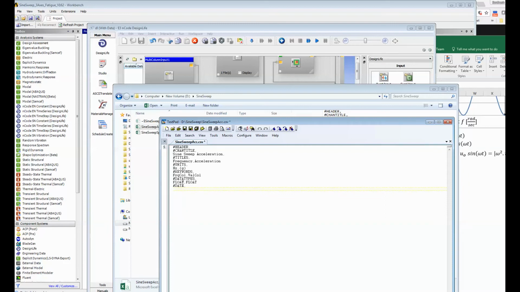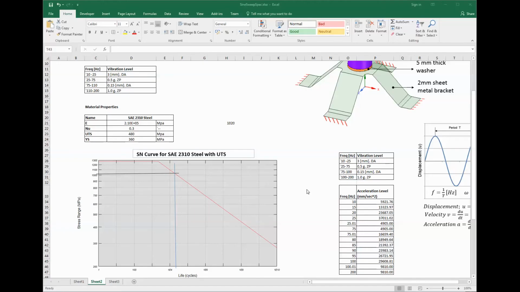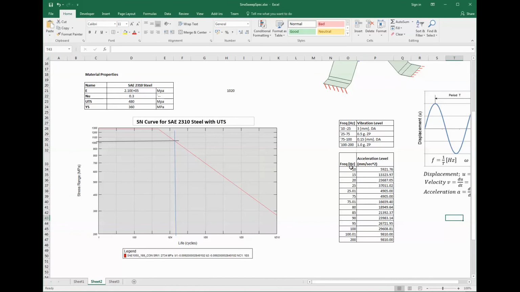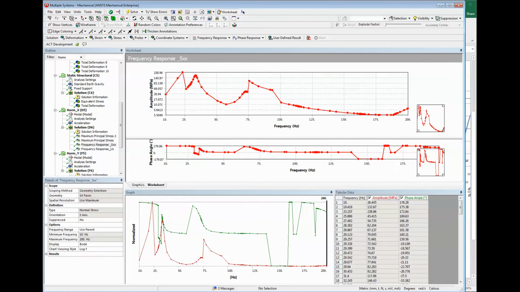I just delete it. And also one needs to take care of what sweep profile we are feeding into Ansys. There are two ways commonly followed. One way is that we apply a unit acceleration during the stress analysis stage.